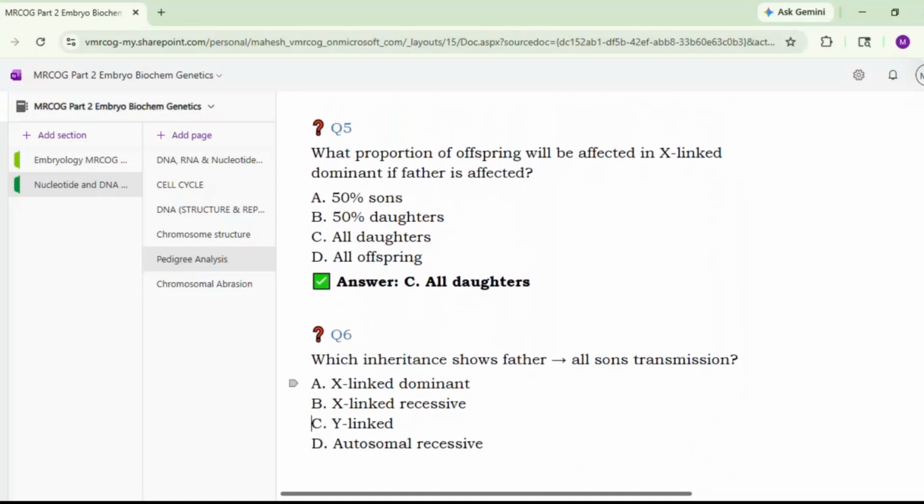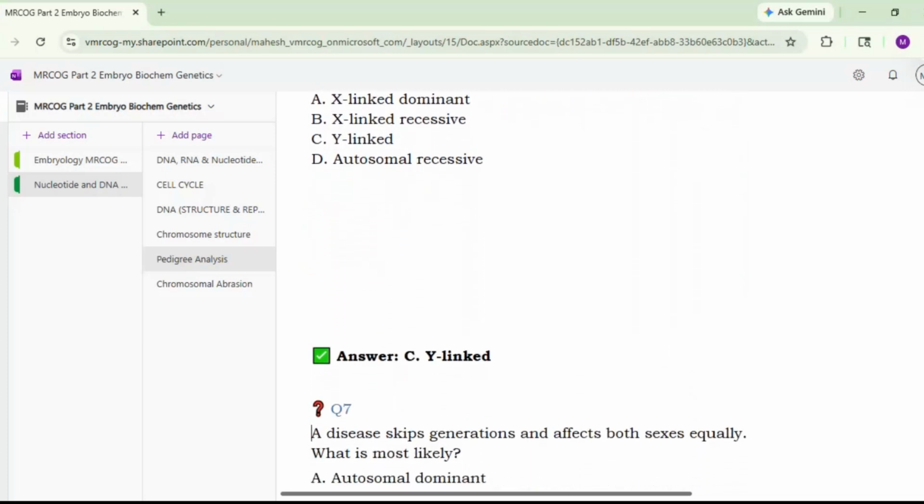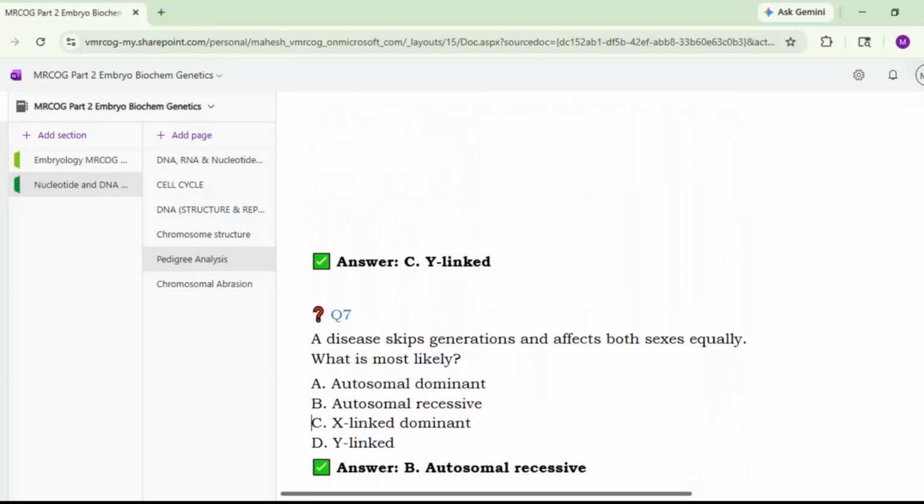Next. Which inheritance shows father transmitting to all sons? Y-linked. Correct. Okay. Father will transmit to all sons. Next.